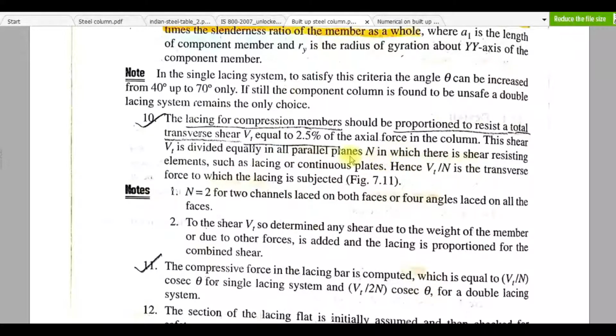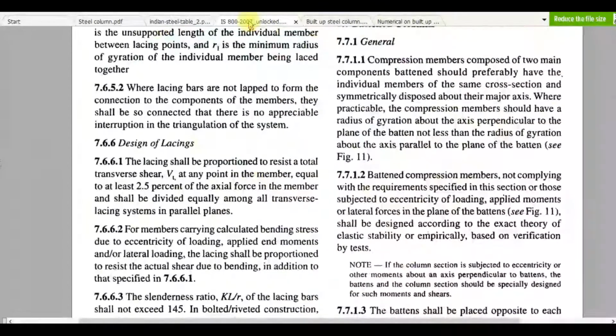Now we have to design the lacing bar. How can we design this lacing bar? For that there is a guideline in IS 800. Whenever you design this lacing bar, it will be designed as a structural member, because this lacing bar will be carrying some compressive load. So let us go to this IS 800.